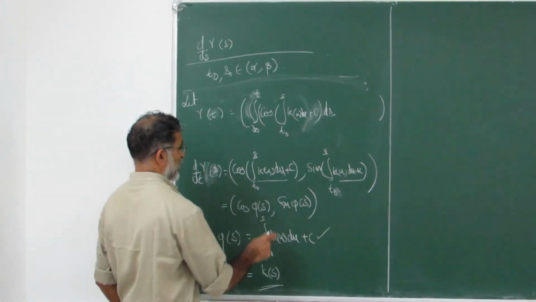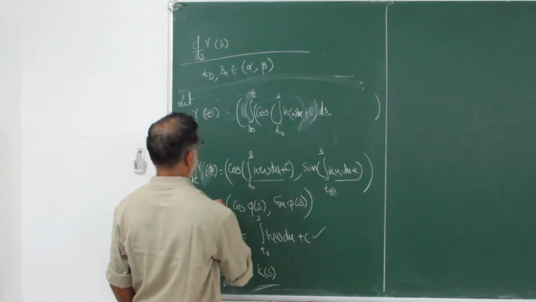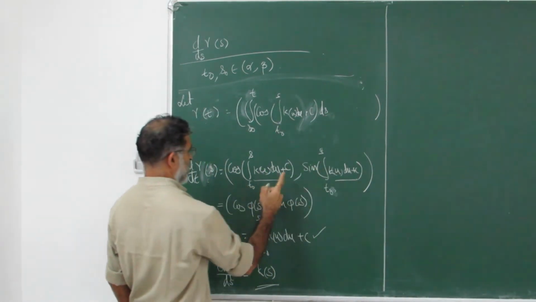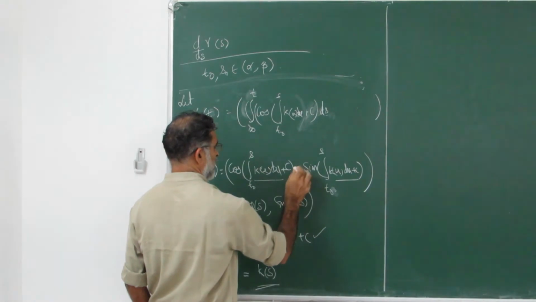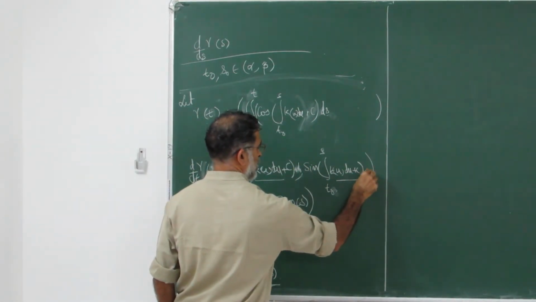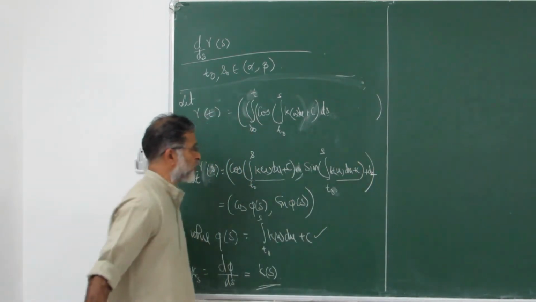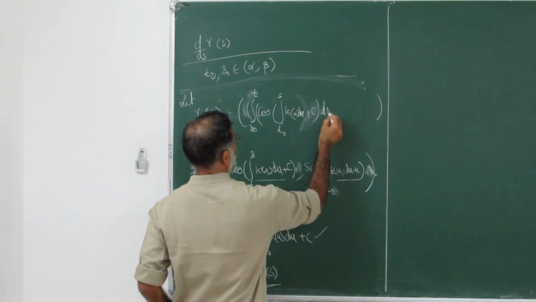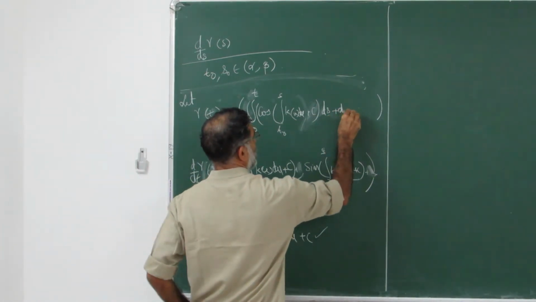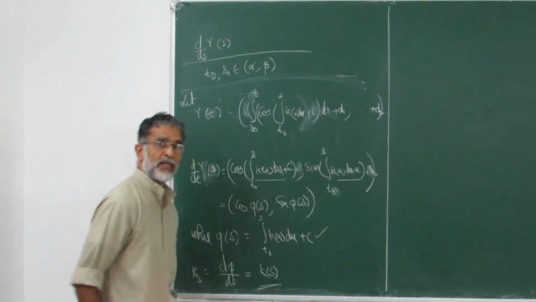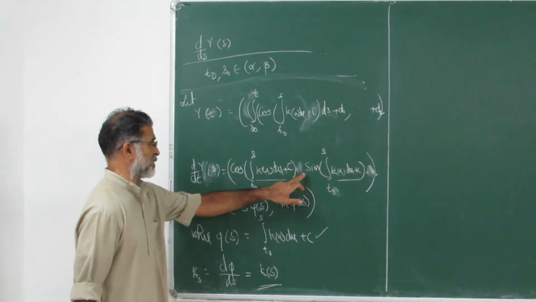There is something more I should tell, because when you differentiate, this can go up to any d1. And there is a d2 on the other expression. Here we can take plus d1, a constant, and the other expression plus d2, a constant, and when you differentiate, that will disappear.